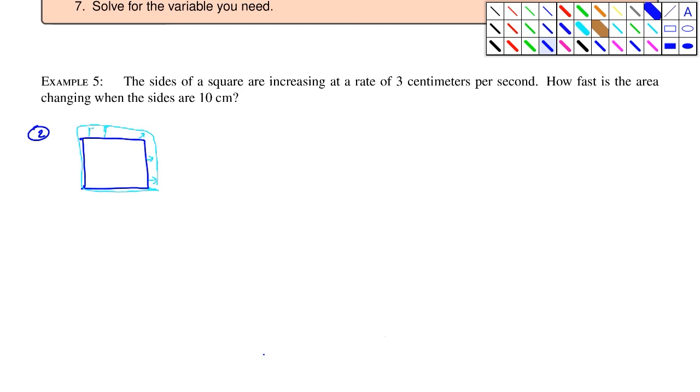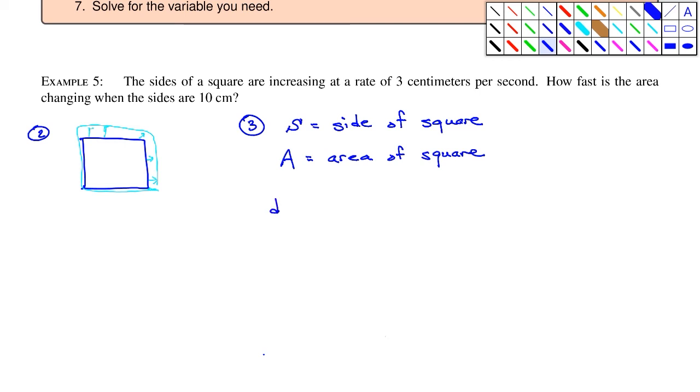Step 3, create your variables. The variables I would create for this are s, equal to the side of the square, and A for the area of the square. And then I want the rate variables. The rate variables are found by differentiating each of these variables with respect to time.